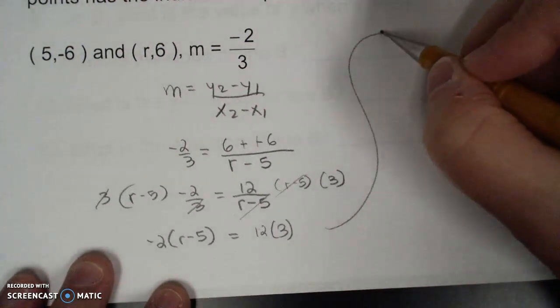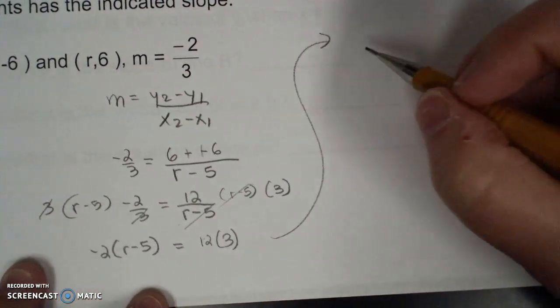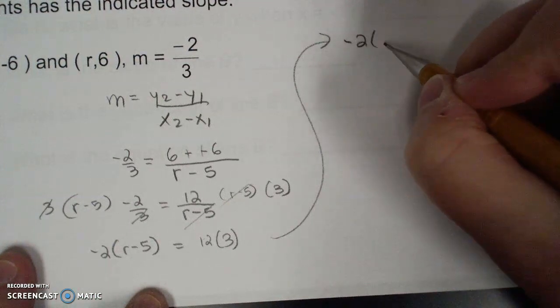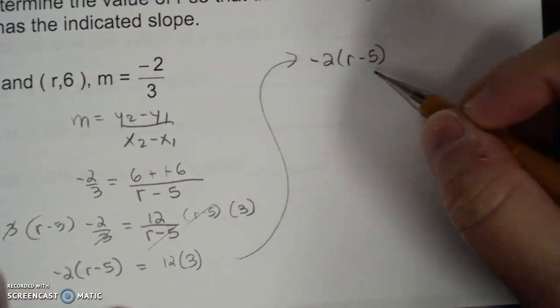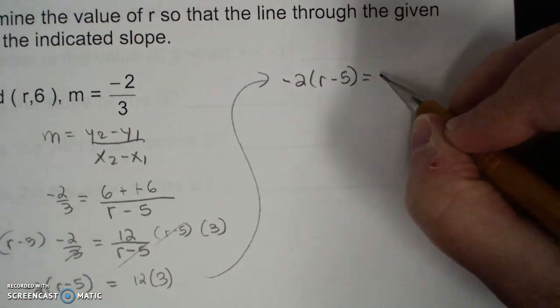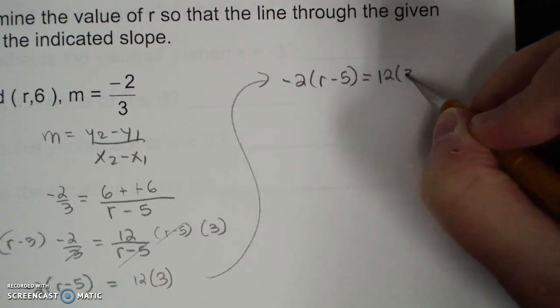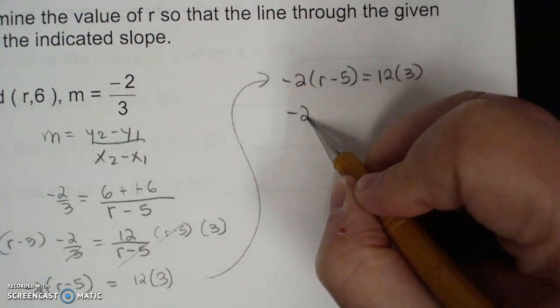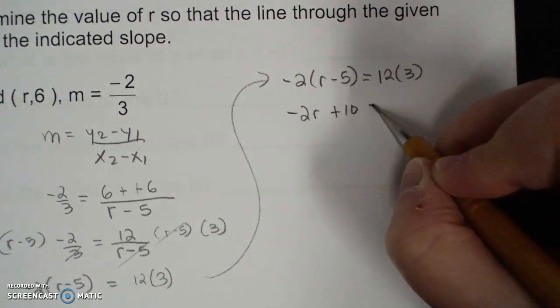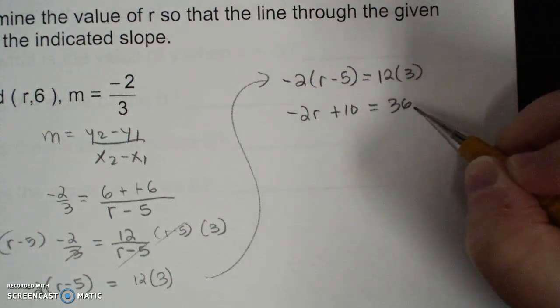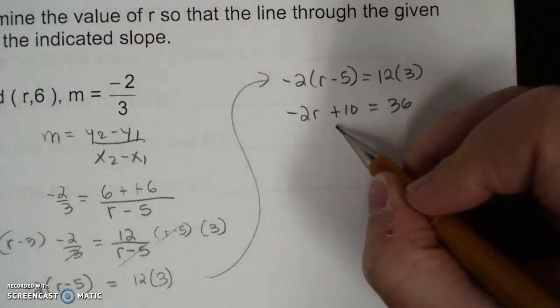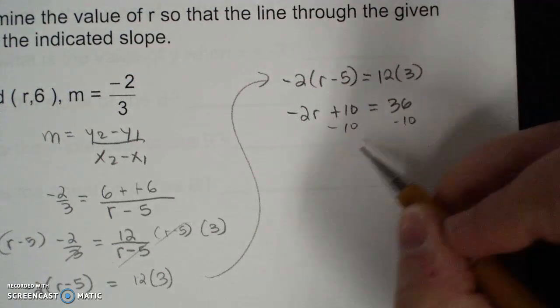I'm going to come up over here, and I'm going to rewrite it because I need more room. So I get negative 2r plus 10 equals 36. Subtract 10.